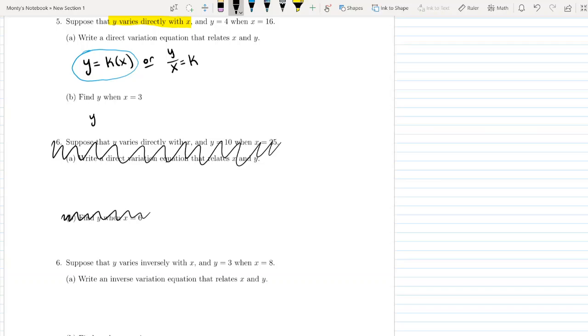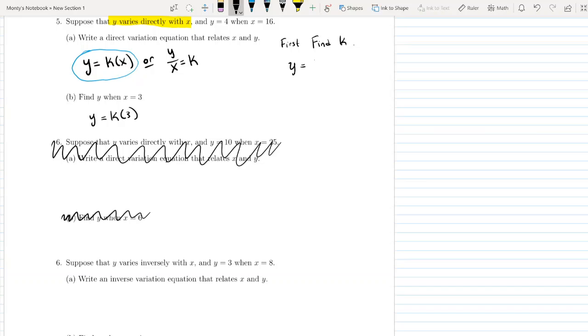If we want to find y when x is equal to 3, well, we have k times 3. But we don't know what k is, right? So there's no way to figure out what y is. So we need to first find k.